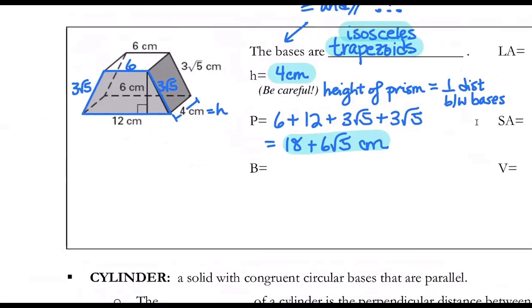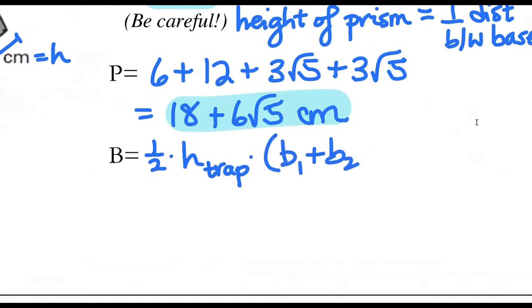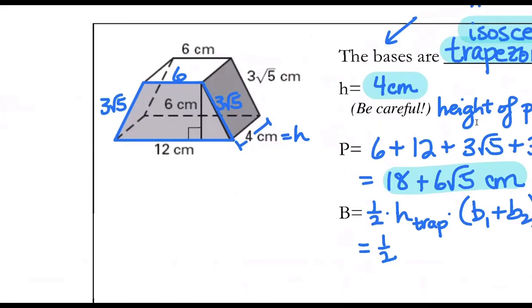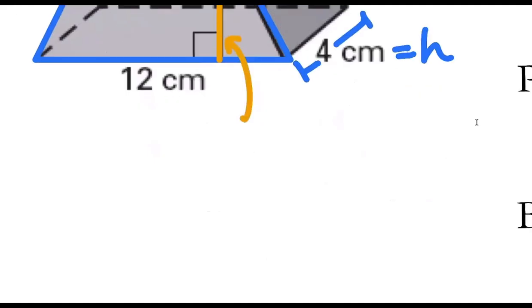Now, the base area, that's a trapezoid. If you remember the formula for area of a trapezoid, it's 1/2 the height of the trapezoid. This can be a little bit confusing because we're not talking about the height of the prism. It's the height of the trapezoid times the sum of the trapezoid's bases. Okay, so 1/2. What is the height of the trapezoid? Well, that's 6.